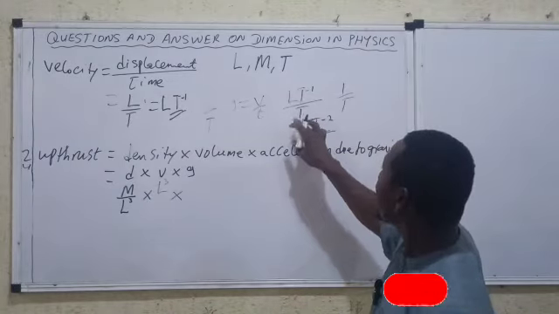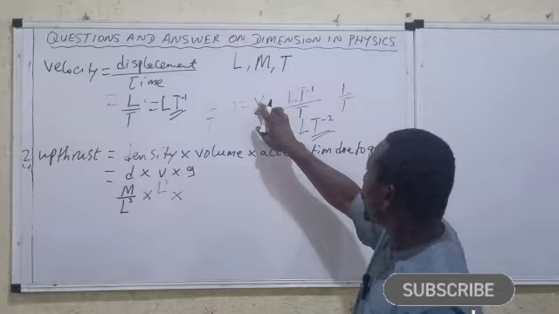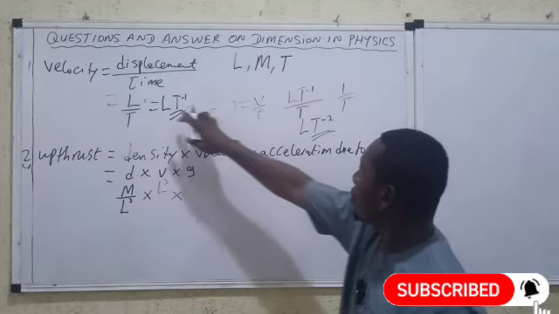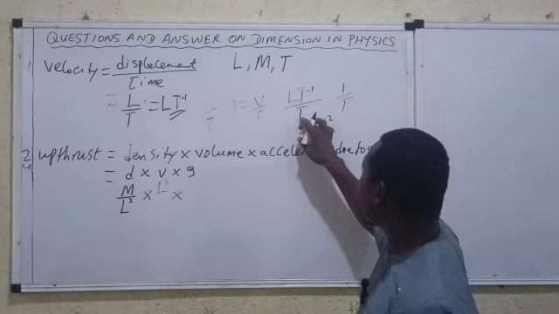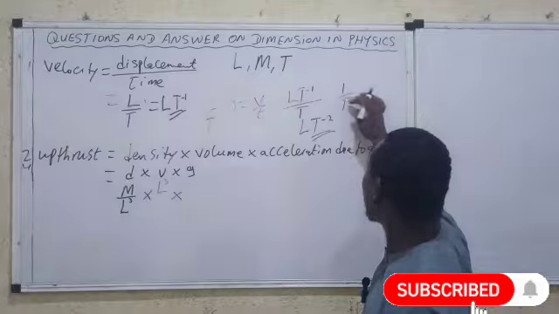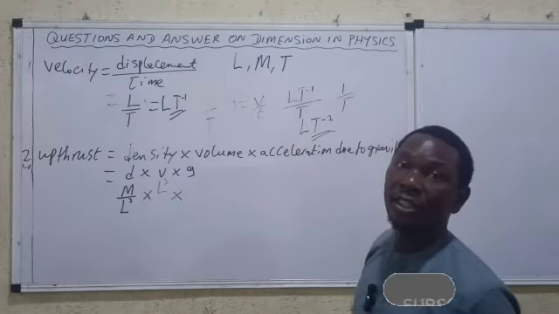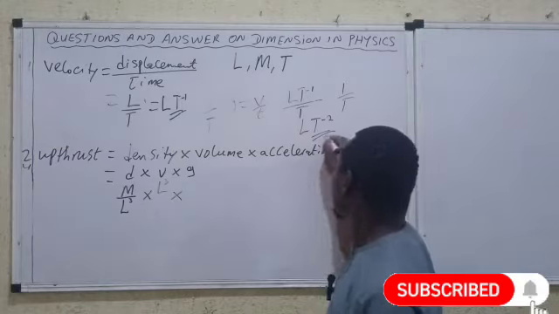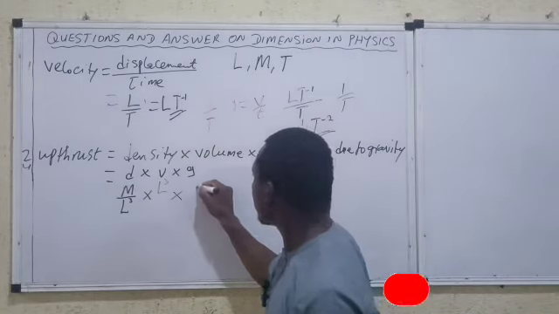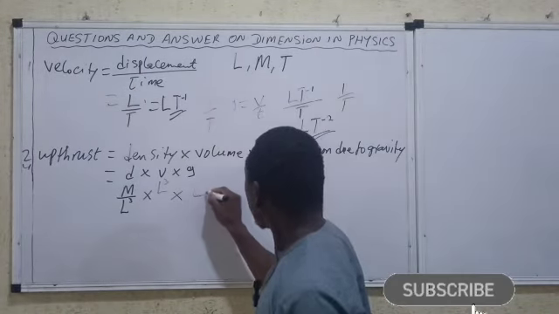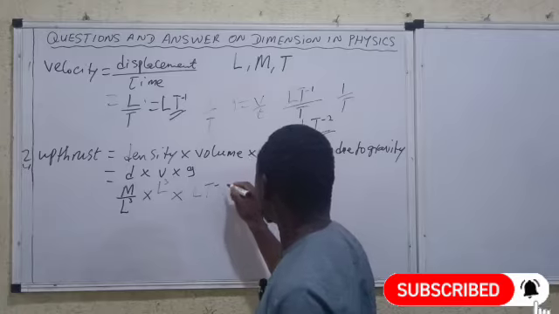Now we have gravity is V all over T. So this is V, put it here, all over T. So we now have another 1 all over T, so if you take it upward, you now have negative 2. So here we now have L T raised to the power negative 2.